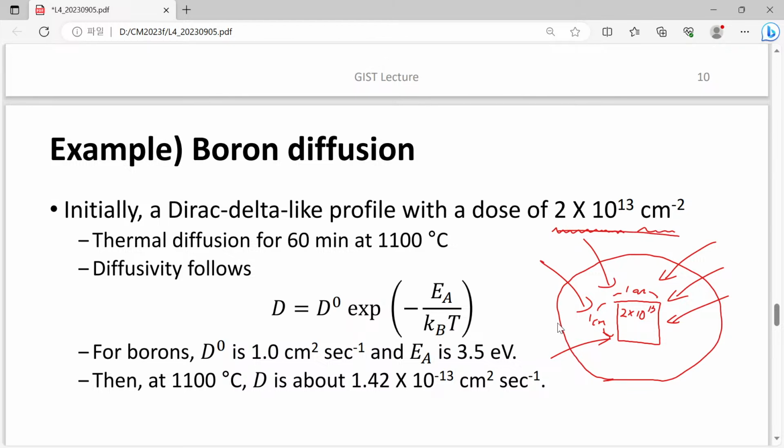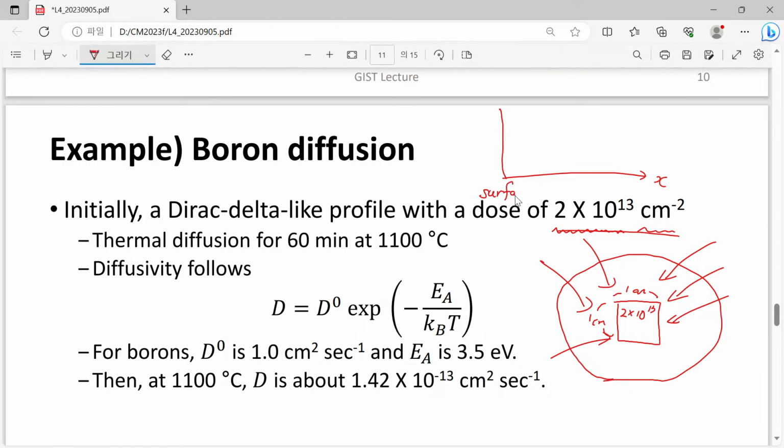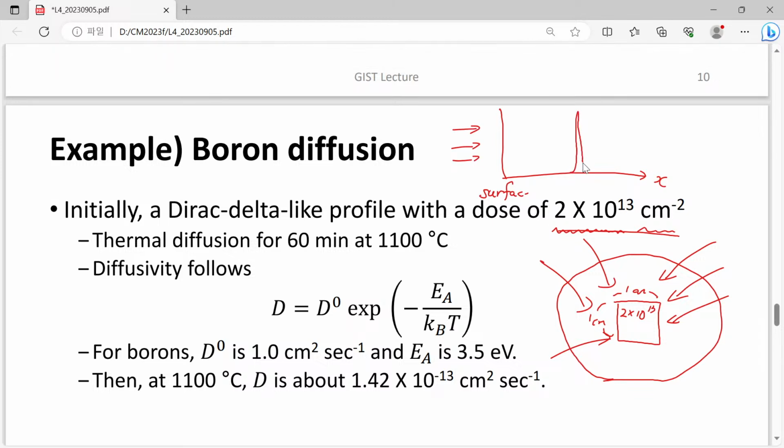Let's assume this is just a lateral view, and now make a vertical view. Here we have the surface and ions were injected, and let's assume that by some means we have made very sharply distributed ions at a certain position. Initially, all atoms are confined at this point.